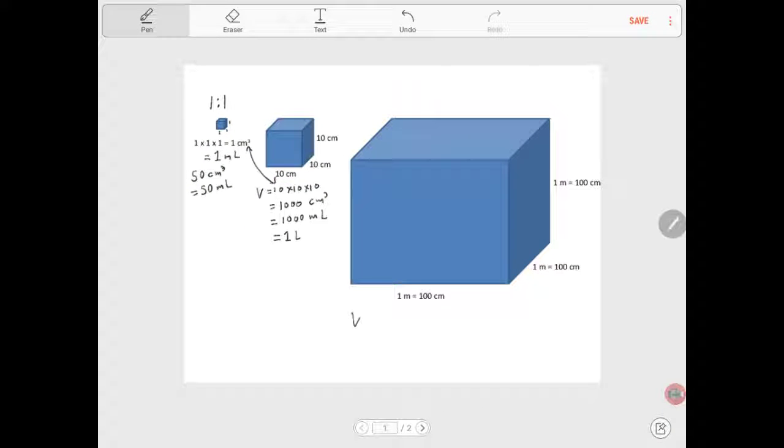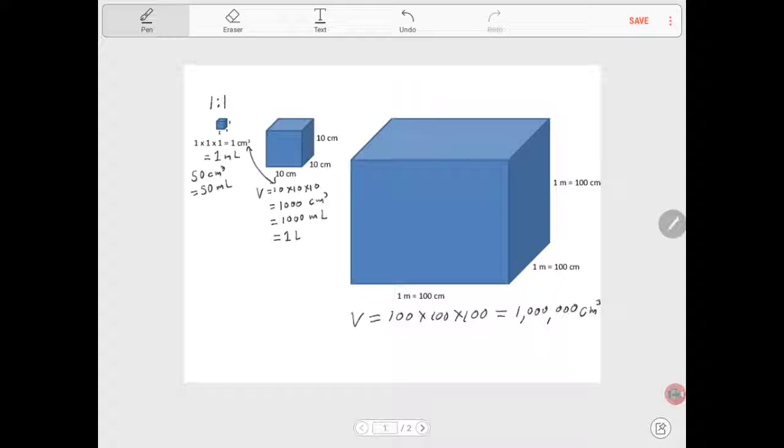Righto, so the volume of this in cubic centimetres is 100 by 100 by 100, which gives us how many? Work it out. One million cubic centimetres.